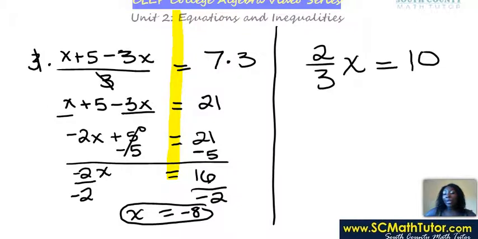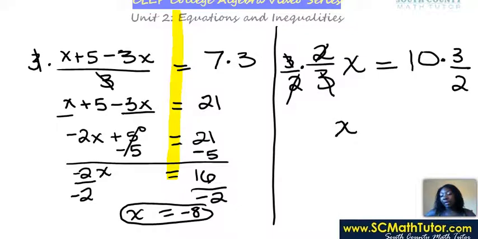Well, if you multiply this by the reciprocal, which is like saying divide by 2/3, so division is the same thing as multiplying. If you multiply by the reciprocal, 3 over 2, notice 3 on top, 3 on the bottom cancels out and becomes 1. 2 on top, 2 on the bottom cancels out and becomes 1. 1 times x is x is equal to, now we just have 10 over 1 times 3 over 2, which is 30 over 2, which equals 15.